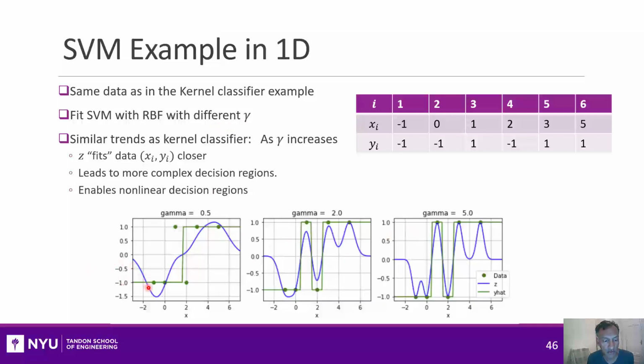The decision function will tend to be positive in the vicinity of positive samples and negative in the vicinity of negative samples. Also, as I increase gamma, that function begins fitting the data better and better, like this. And that will let it fit more and more non-linear regions.